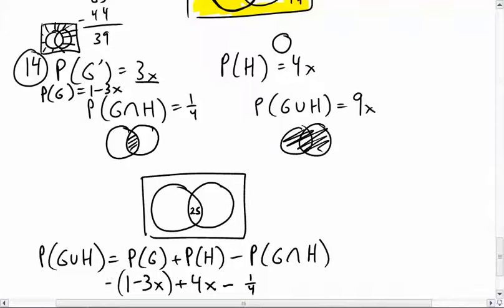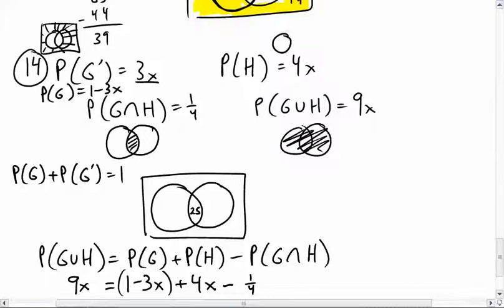And all that is equal to 9x. Using that, you can solve for x. Okay, so I had to use the fact that P of G and P of the opposite of G is 100%. That's how I can find out what P of G is. Okay, I won't go through all those steps for you. You can do that on your own.